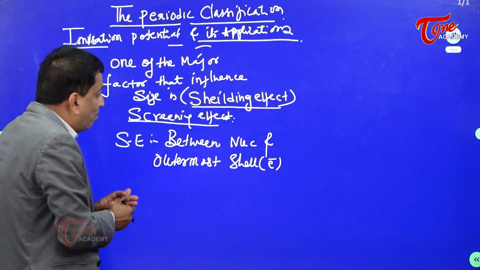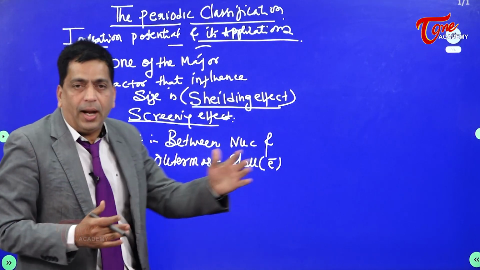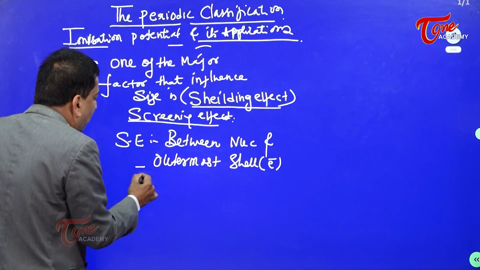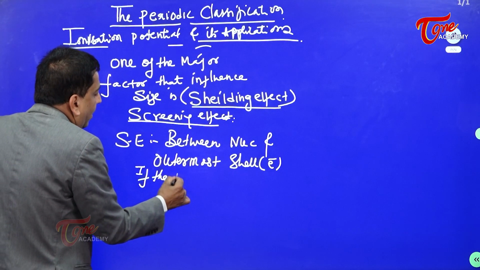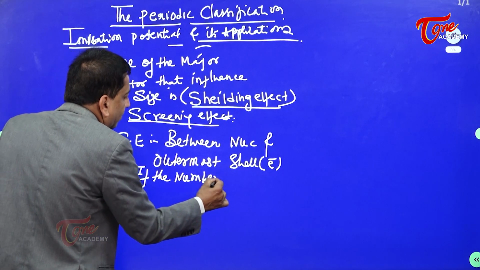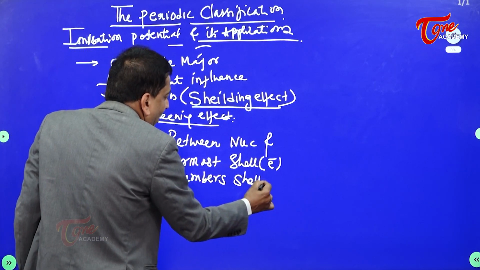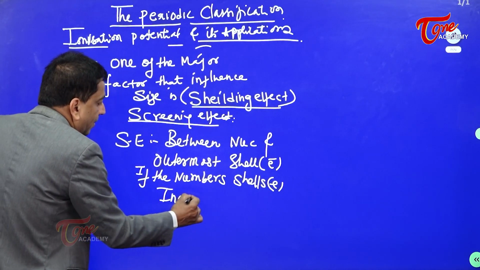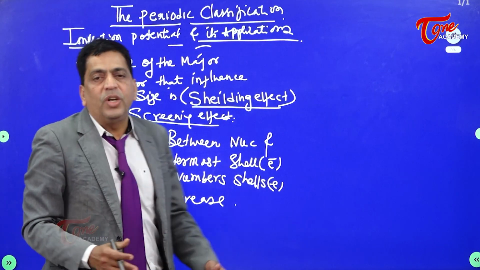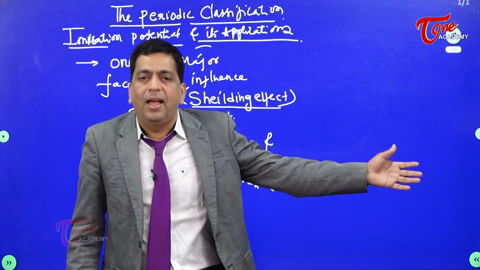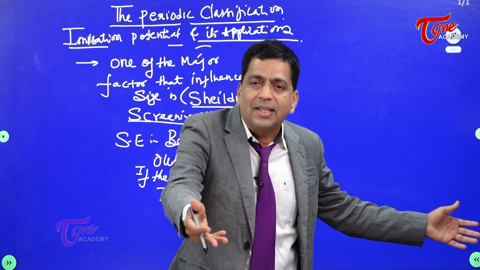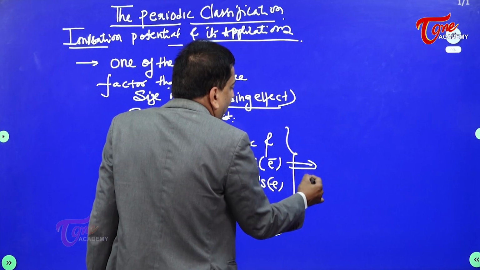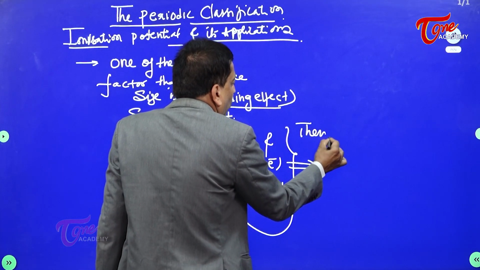Right? So between nucleus and the outermost shell, if the number of shells increase, number of shells, I'm referring again to electrons, number of shells increase. Right? Between nucleus and the outermost shell, if the number of shells increase, then look into the consequence.